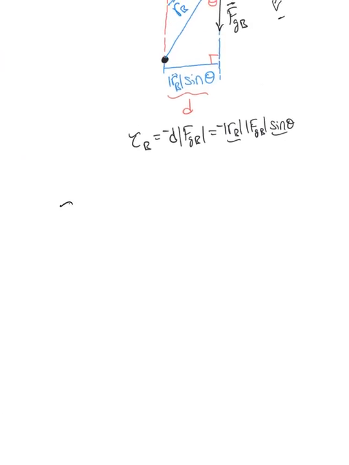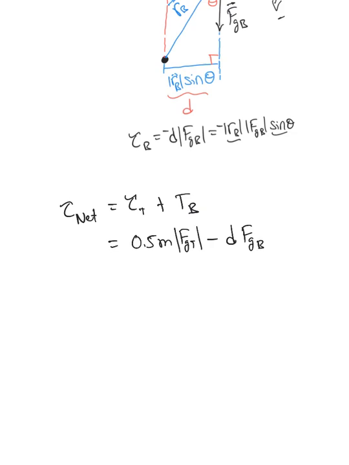So we know that the net torque equals the torque due to the table plus the torque due to the ball, which is 0.5 meters times the force of gravity on the table minus d multiplied by the force of gravity on the ball, where these are magnitudes.